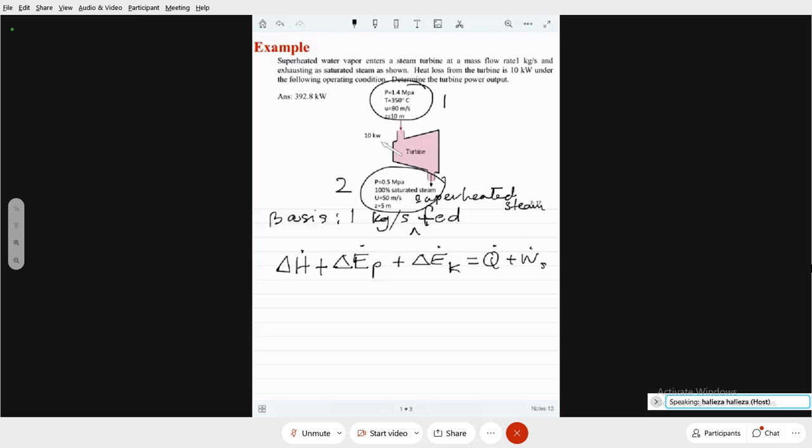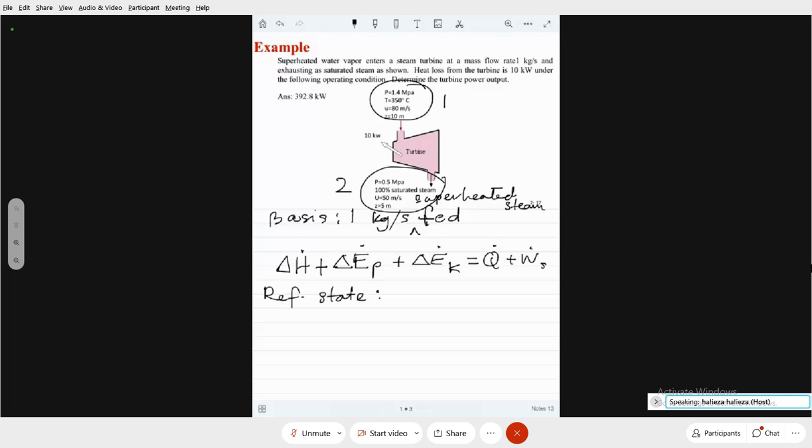Now, where are we going to get our enthalpy from? From the steam table, the superheated steam table. If you're going to use the steam table, your reference state must be the same as that of the steam table. So what is the reference state of the steam table?